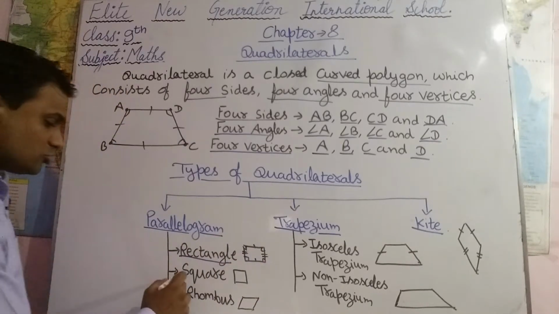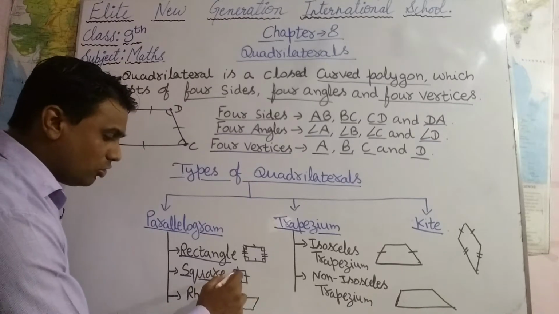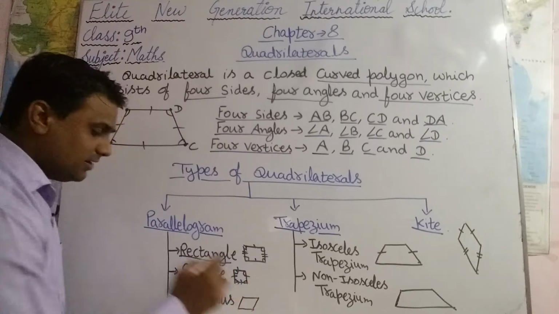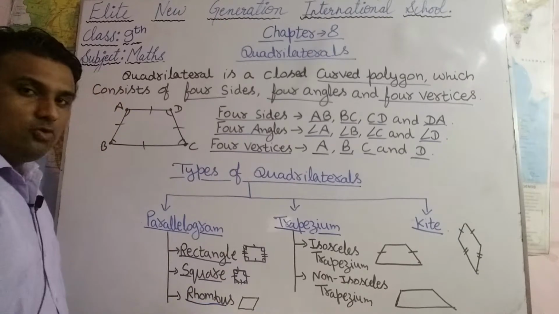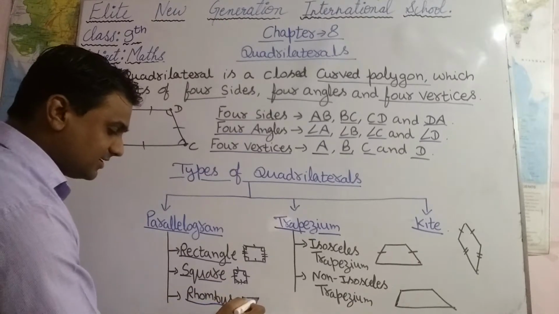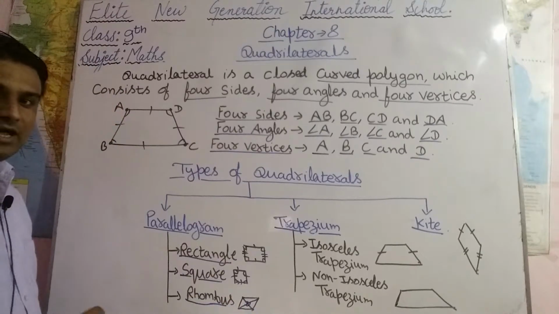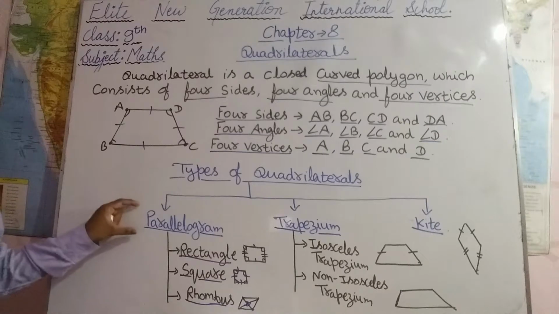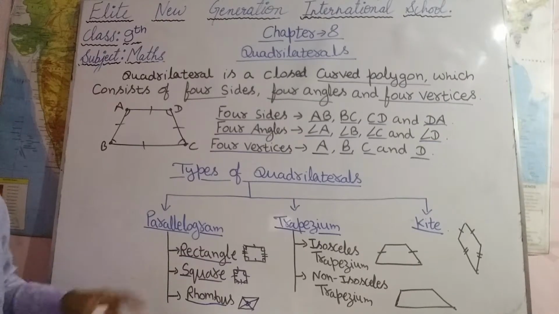Next is square: all the sides are equal and all the angles are equal to 90 degrees. The third is rhombus: diagonals intersect each other at 90 degrees and opposite sides are parallel. So parallelograms are of 3 types: rectangle, square and rhombus.